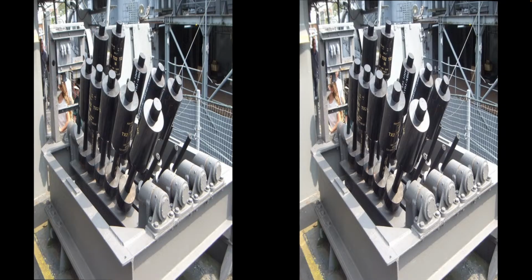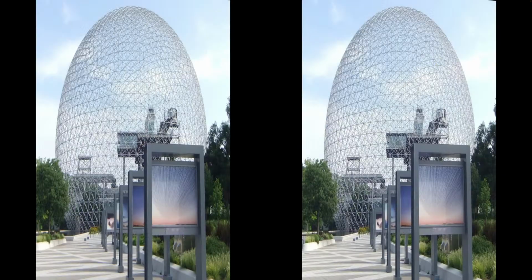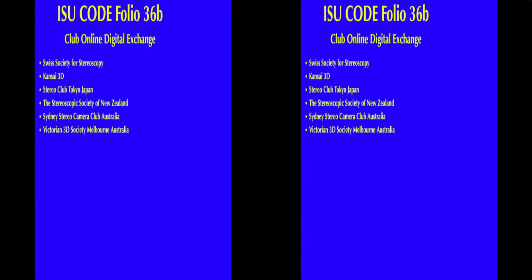Now what we'll do is we'll actually see some of the images from the previous. So you'll submit all of those? I will submit those 10. What happens is ISU creates 3 video slideshows, part A, part B, part C, and 6 or 7 clubs in each part, each club with 10 images.